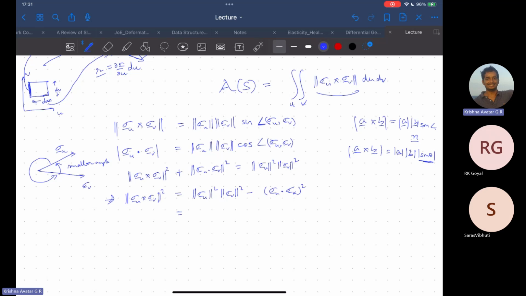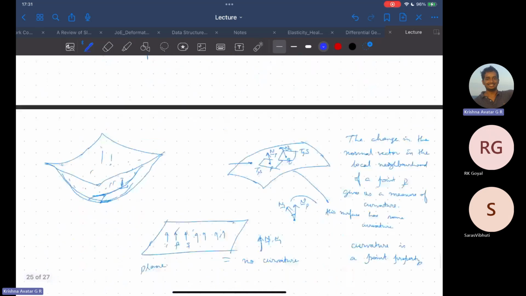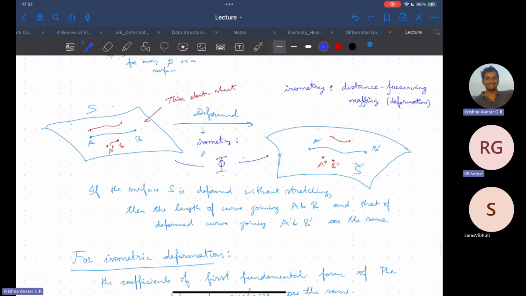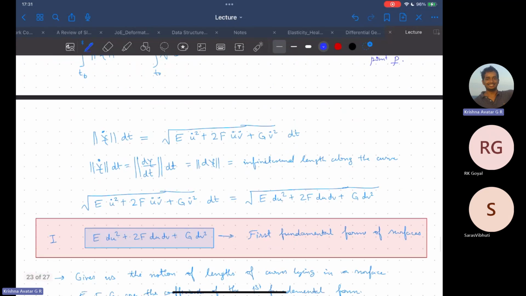And you know that the norm squared of a quantity can be written as the dot product with itself. Likewise for σv dot σv, minus σu dot σv squared. And I think these terms would be familiar to all of us, that we have seen them somewhere. σu dot σu, capital E, in the first fundamental form.